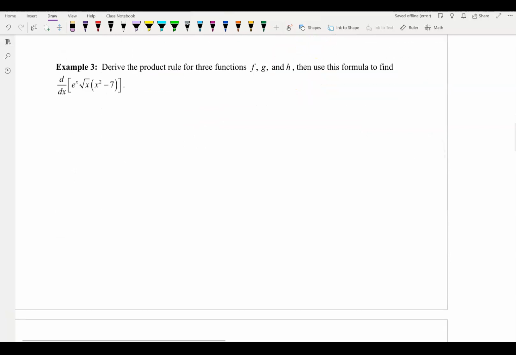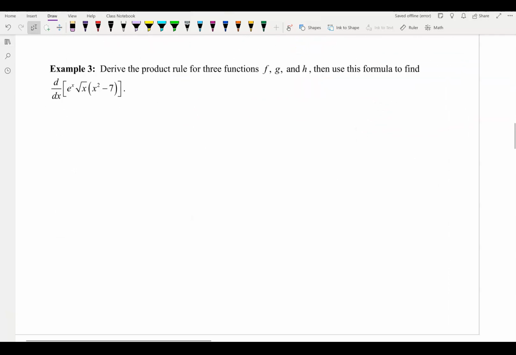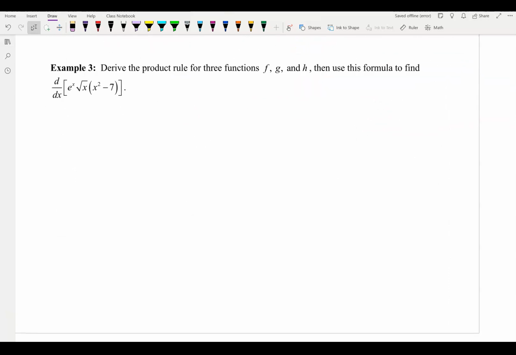Example 3, last one. They want us to derive a product rule for 3 functions, f, g, and h, and then use this formula to find the derivative of, and notice we have one function multiplying another function multiplying another function. So an f and a g and an h. Okay, so first, deriving this guy.